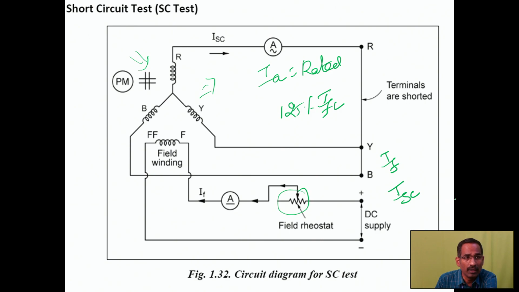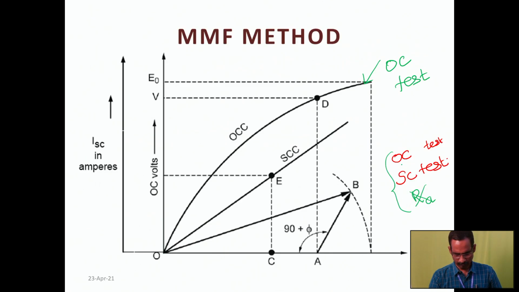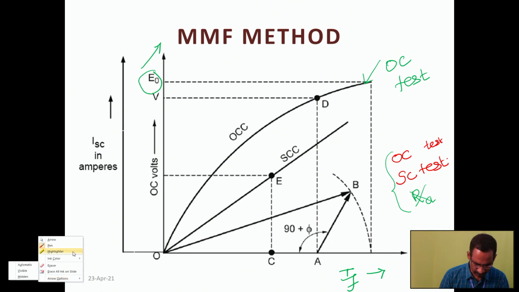So we are going to draw the graph between field current and the short circuit current. Yes. So from the OC test, by using those values, that is the field current in the x-axis and open circuit voltage in the y-axis, we have drawn the graph.